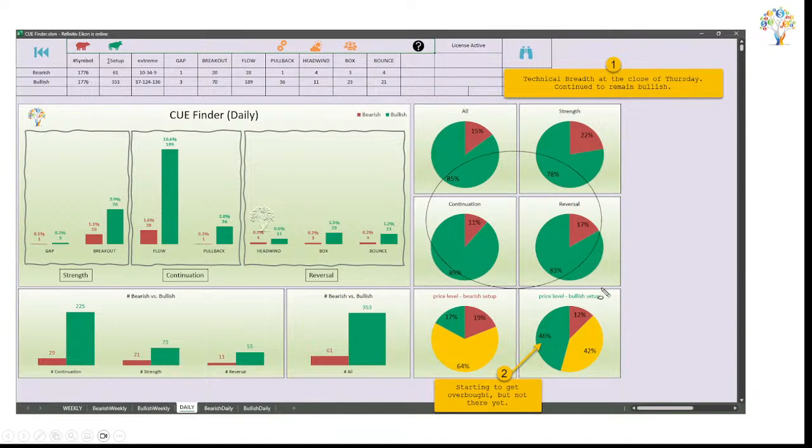A large percentage of signals were bullish, majority much more than 50% were bullish across the board. And if you looked at the percentage of stocks that are giving bullish setups from price extreme high, it started to approach overbought condition, but not yet. When this percentage hits 50% or more, then we are reaching overbought territory, but we did not reach there yet on Thursday. What happened on Friday?